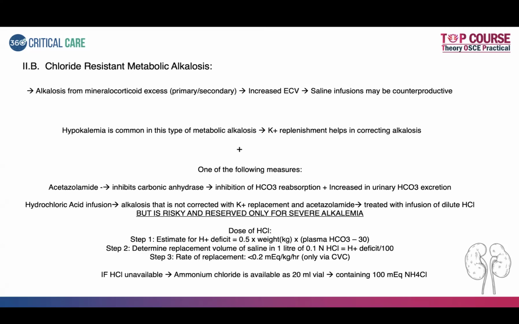One of two measures needs to be adopted. One is that acetazolamide needs to be given. Its mechanism is by inhibition of carbonic anhydrase, which causes inhibition of bicarb reabsorption and increases the urinary bicarb excretion. So by helping remove bicarbonate, it helps to improve the pH.